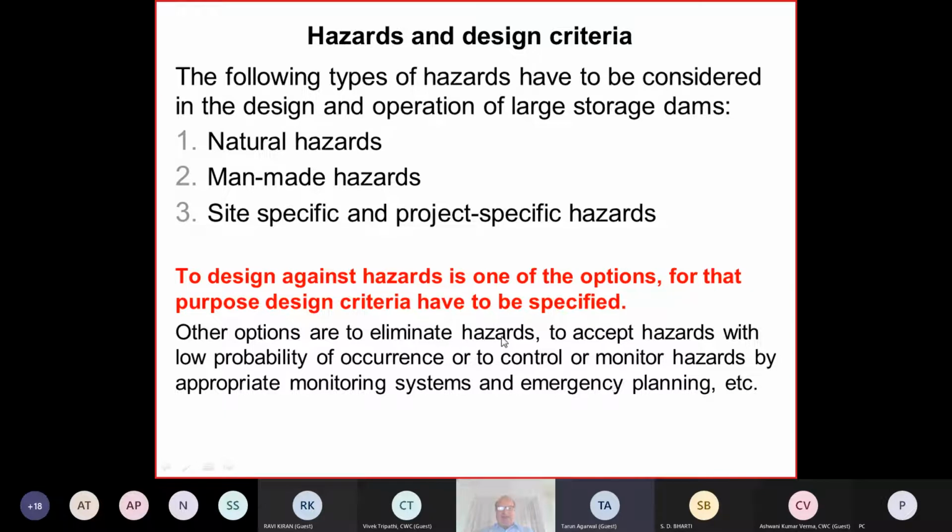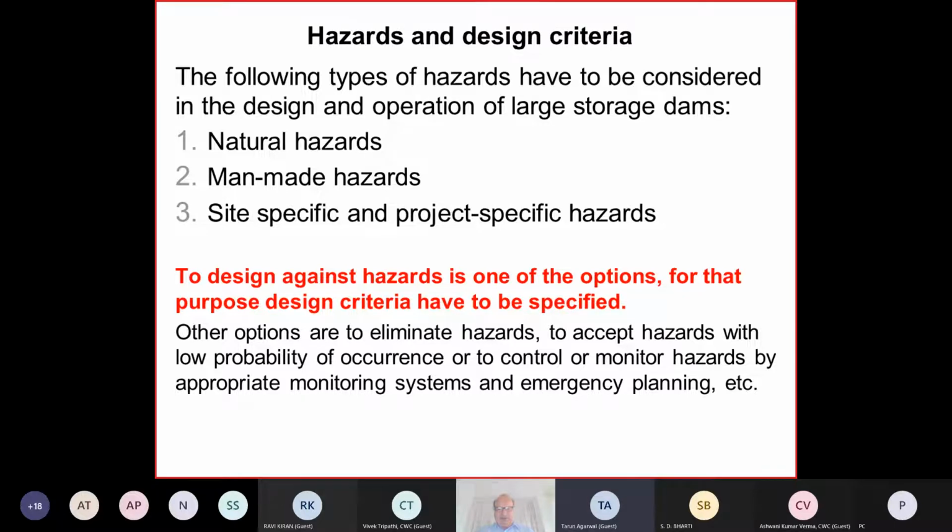How can we eliminate hazards? If you have a surface powerhouse, for example, which may be subjected to rockfall, we can build an underground powerhouse, and the rockfall hazard has been eliminated. So there are different options for how we can deal with hazards.